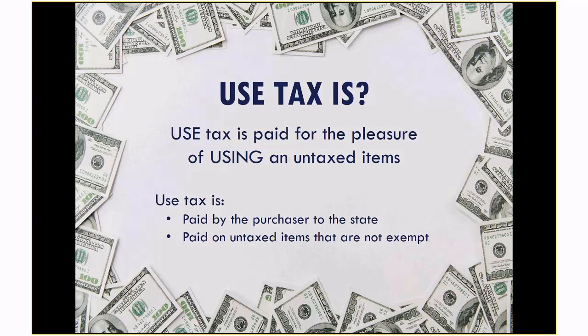For example, online purchases, eBays, Amazons. You're going to use it in your business. Had you gone uptown and purchased it locally, you would have expected to pay tax on it. The person who sold it to you for a variety of reasons did not charge you sales tax, so you, for the pleasure of using the item, are expected to remit the use tax directly to the state.